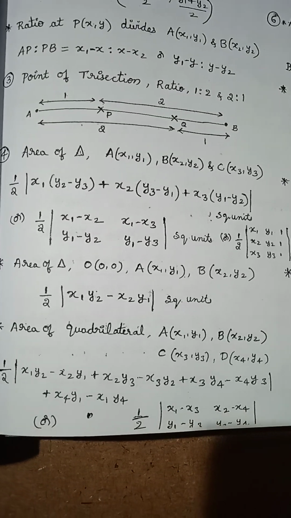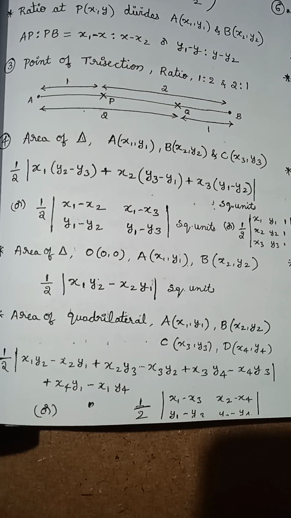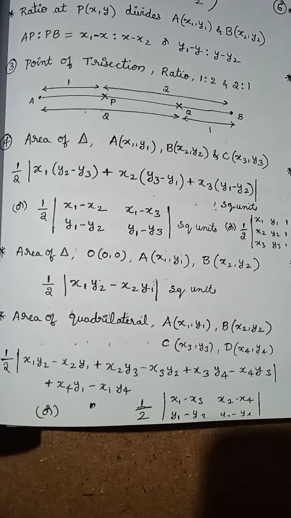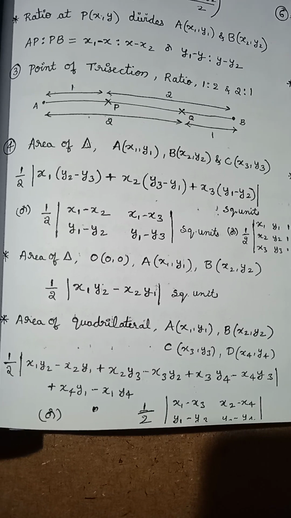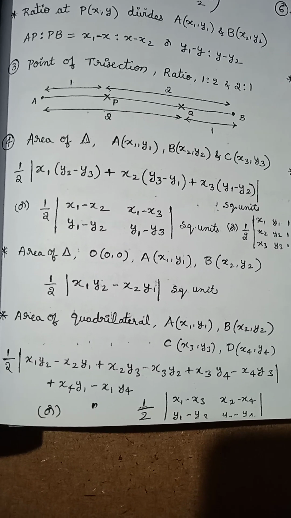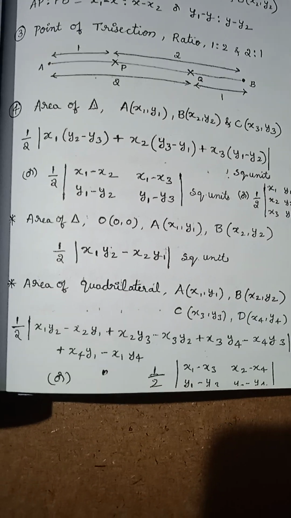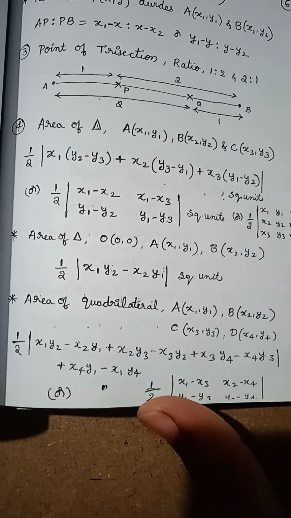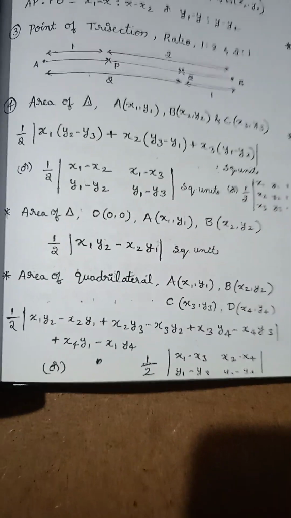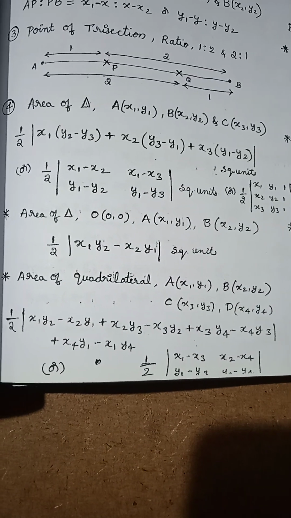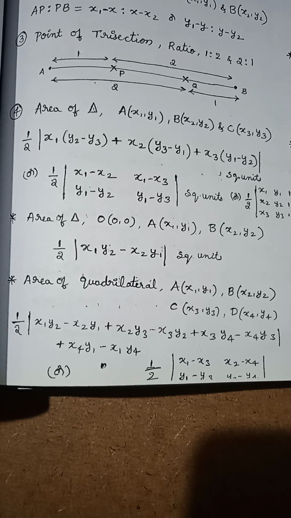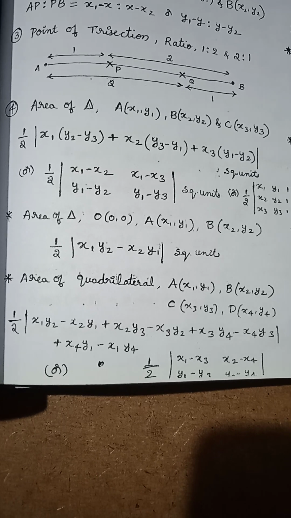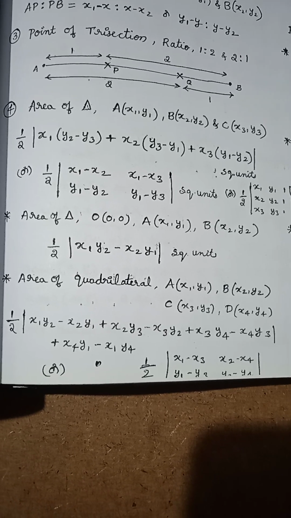Area of a quadrilateral having the vertices A(x1, y1), B(x2, y2), C(x3, y3), D(x4, y4). Here it is half of [(x1 y2 minus x2 y1) plus ...]. Observe the pattern.